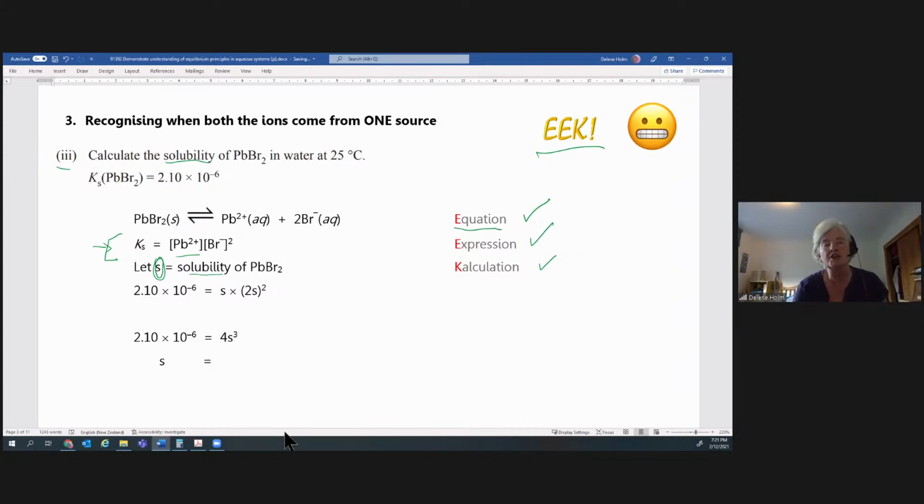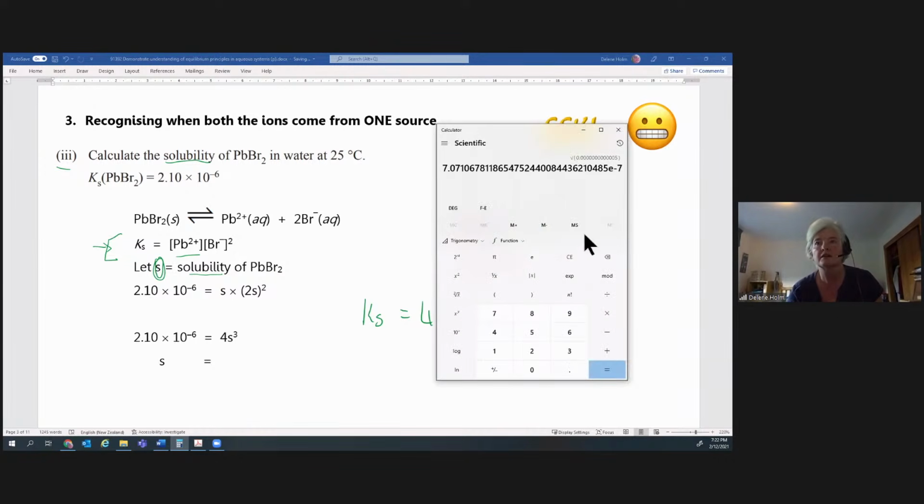So I'm going to substitute for S. This equation is also given in the resource booklet as Ks is equal to 4s cubed. So you can use that directly, but make sure that you've got the right thing. So what I just do, and I will just drag this up over here, and I'll just clear that.